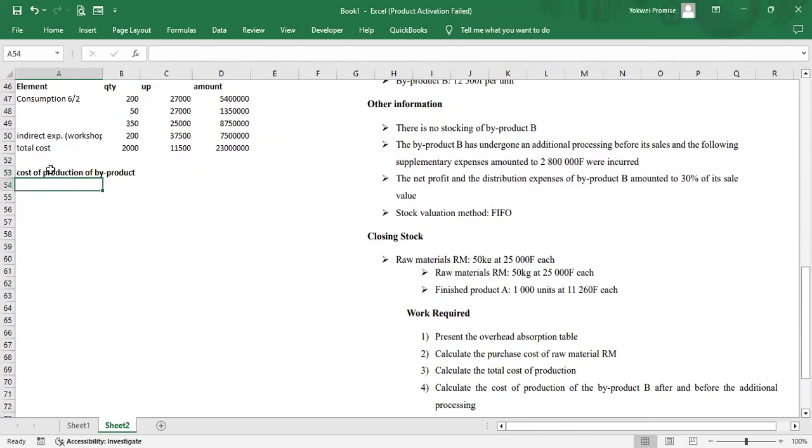All right, so the first one that they are talking about there is after, sorry. So the first one I have is after supplementary treatment, right? So after, we know that the sales of the byproduct is equal to how many units do we have?